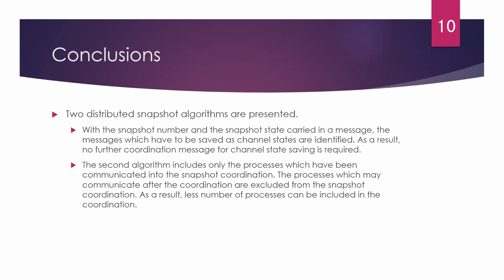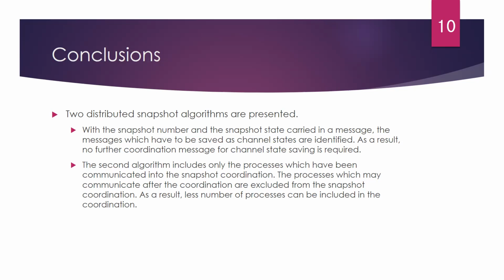As a conclusion, we have proposed two snapshot algorithms. The first one uses snapshot number to identify in-transit messages, so the extra coordination messages for the channel saving can be reduced.